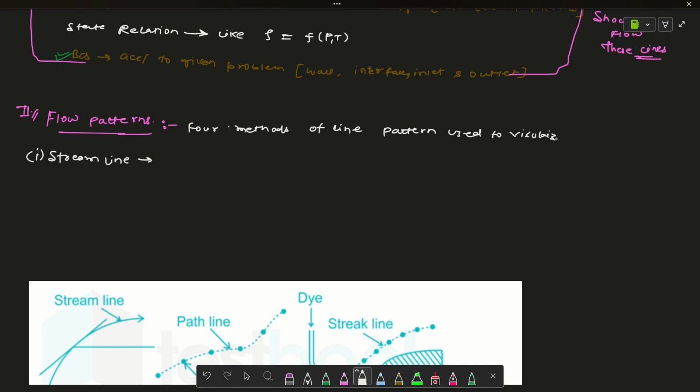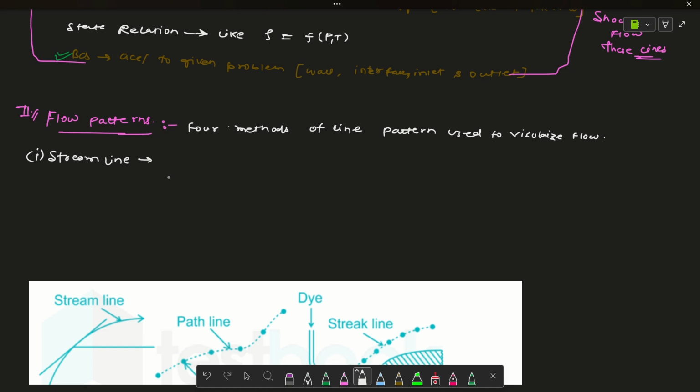If any flow is there visually, we will use four different methods. You can choose any one. These are the four typical, basic methods that people use to visualize the flow. You can choose one of them, or all of them, or any two or three, depending on you and your problem. I'm just going to discuss each method quickly here.